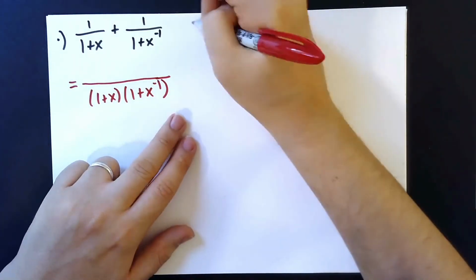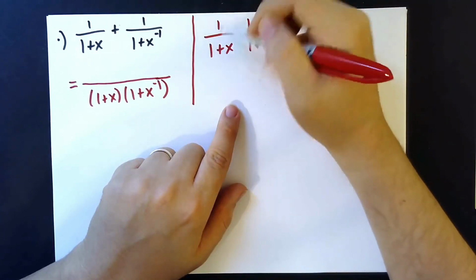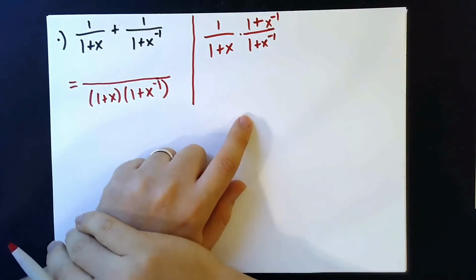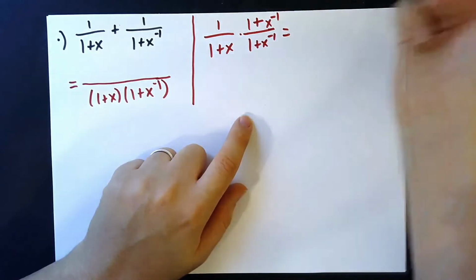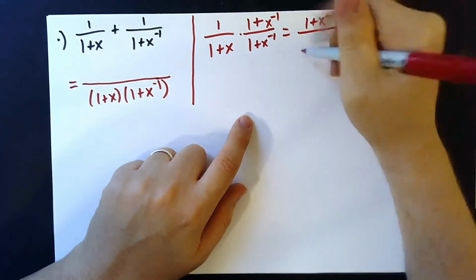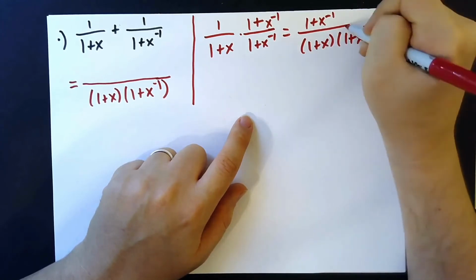And so when I go to do that, I need to rewrite it as 1 over 1 plus x times 1 plus x inverse divided by 1 plus x inverse. And so that will give me 1 plus x inverse over 1 plus x times 1 plus x inverse.